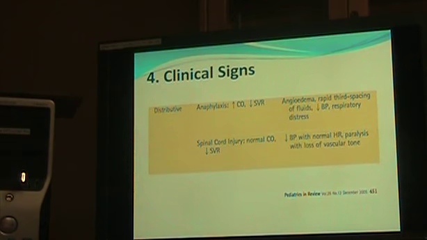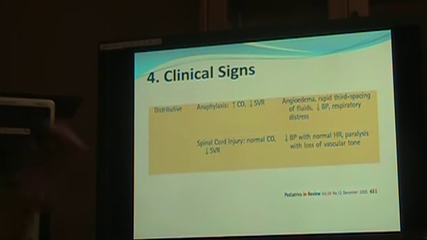So again, here this talks about anaphylaxis and spinal cord injury. For spinal cord injury, what can happen is that it can affect the way your spinal cord communicates with your blood vessels, and because of the injury may not be able to vasoconstrict the vessels appropriately.